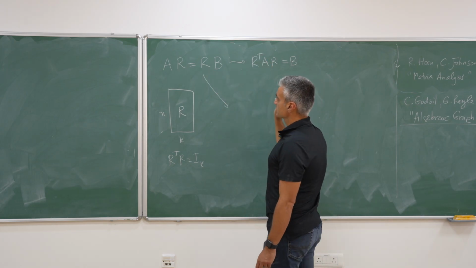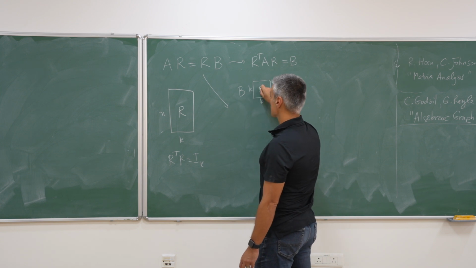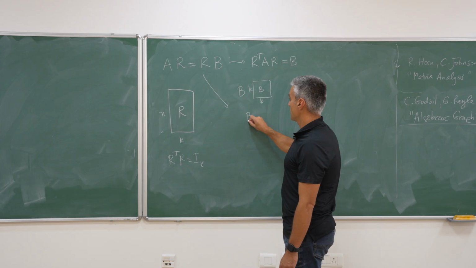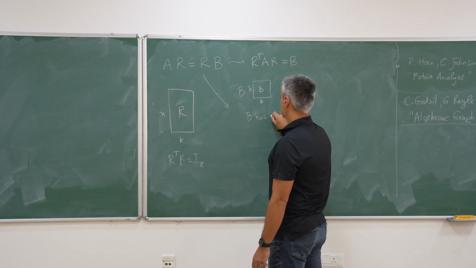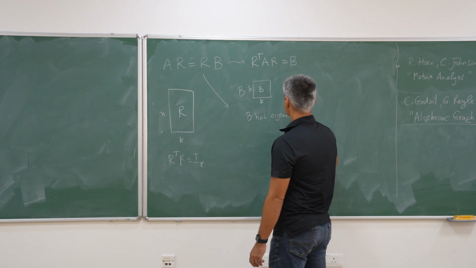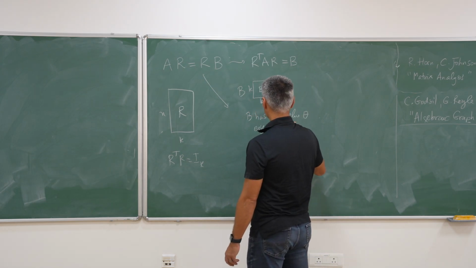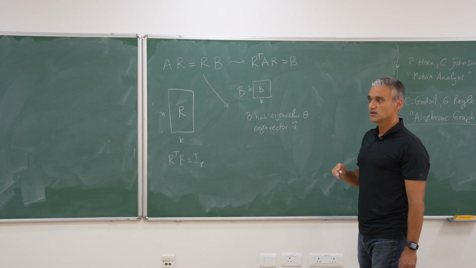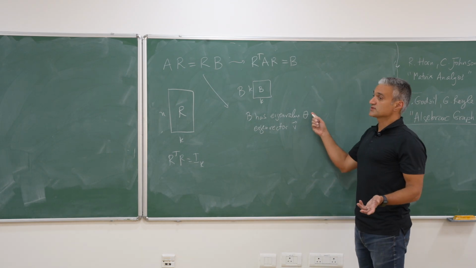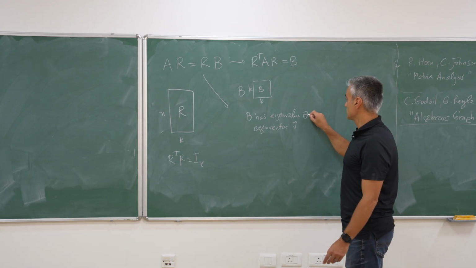B was a small k by k matrix, and I argued that B has an eigenvalue theta and eigenvector, I forget what we called it, v, okay? So the question that one of your colleagues asked is, how do you know this theta is real, this v is real?